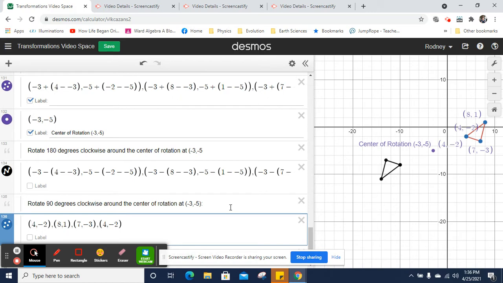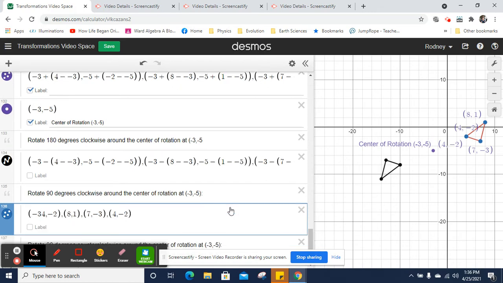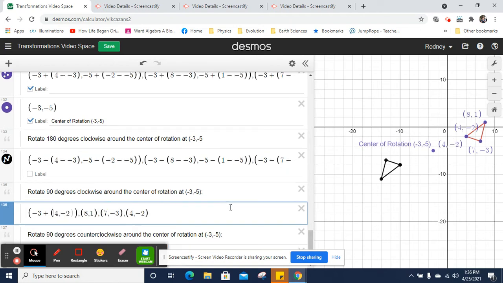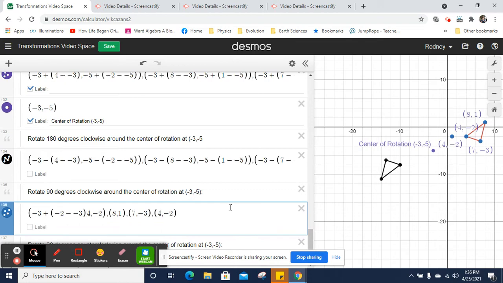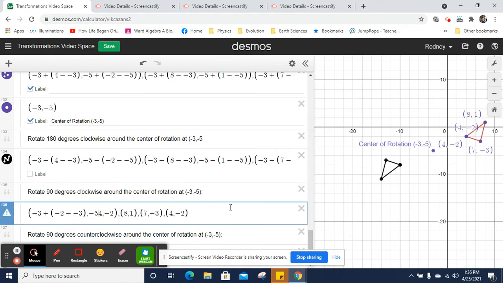So I'm going to start, of course, I'm going to have negative 3, and that's going, I'm going to say plus negative 2 minus negative 3. That's the difference in the x's. And then I'm going to say, comma, negative 5.